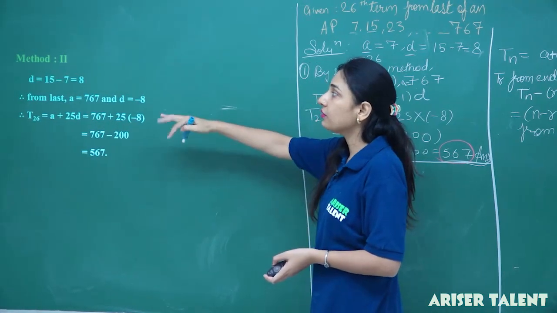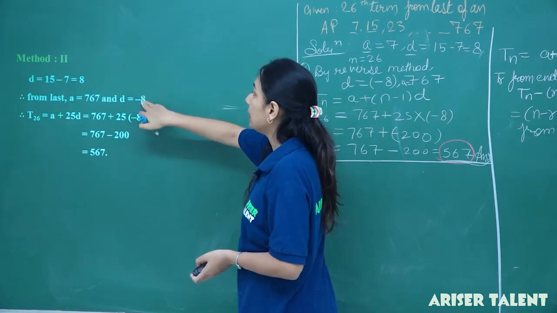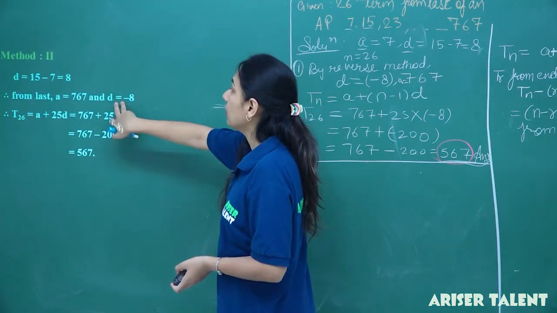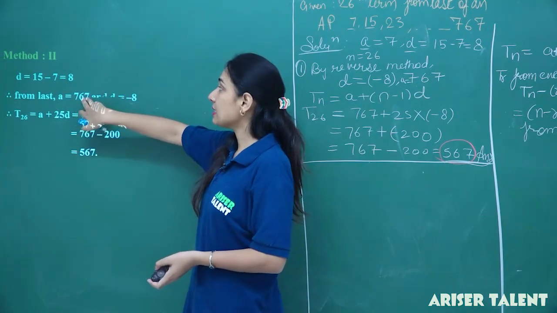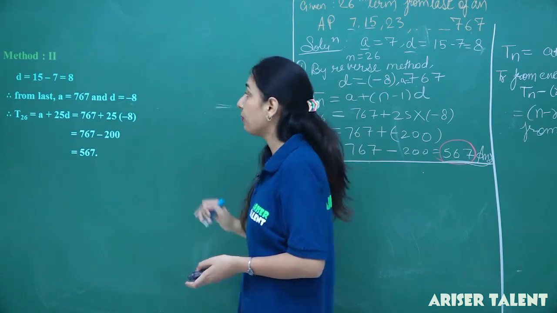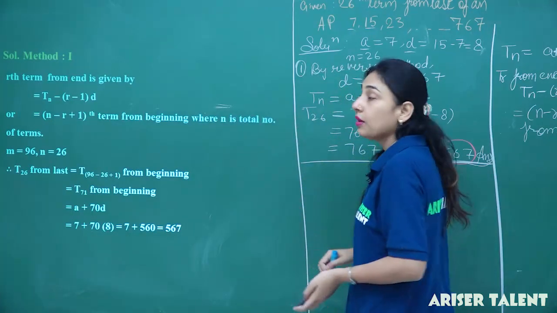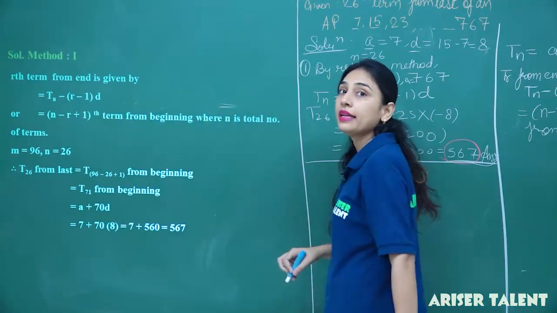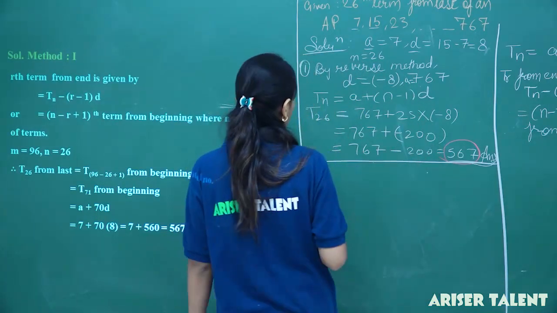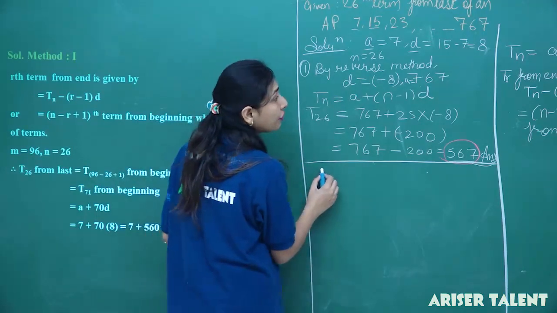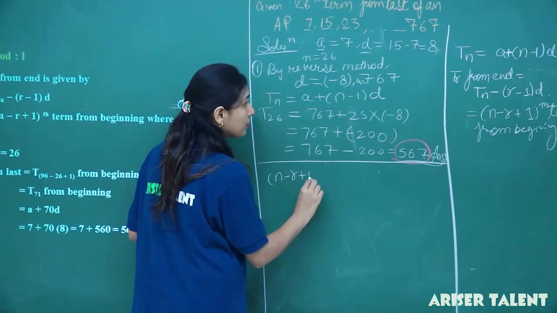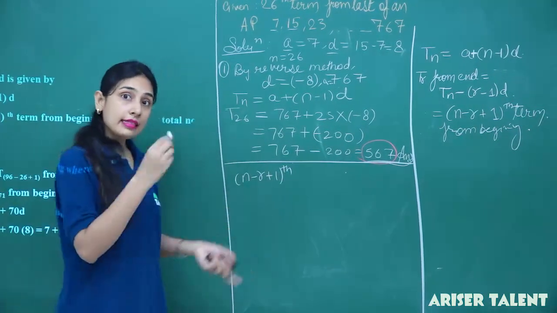In the second method, the reverse method, we negate the difference, and take the first term as the last term and the last term as the first term. So we considered A equals 765. Now we have this formula, which gives the (n minus r plus 1)th term from the start.